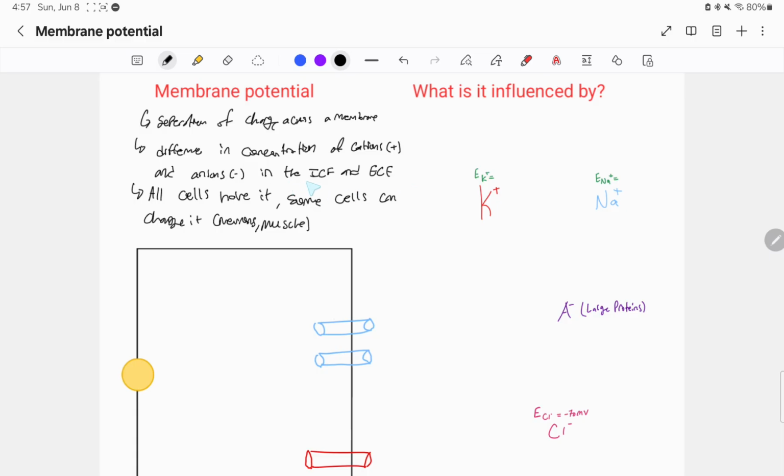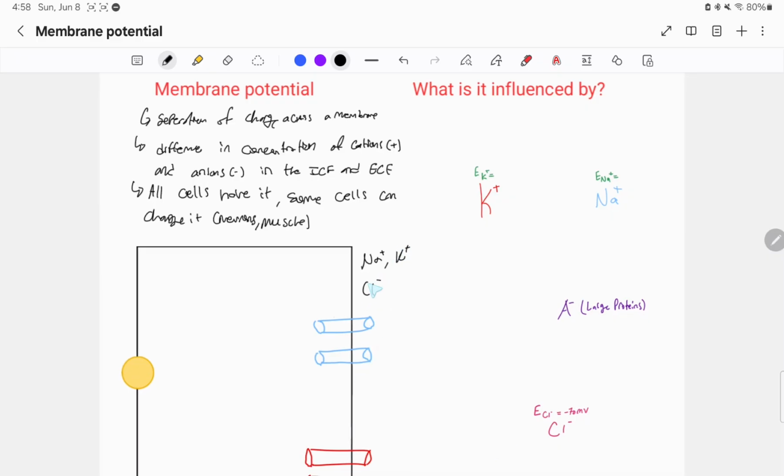Okay, what is the membrane potential actually influenced by? Well, remember, I said that it is defined as the difference in concentration of cations and anions in the intracellular fluid and the extracellular fluid. We can have a lot of different cations and anions. For example, sodium is a cation, potassium is a cation, chloride is an anion because it has a negative charge. These are the charges in question.